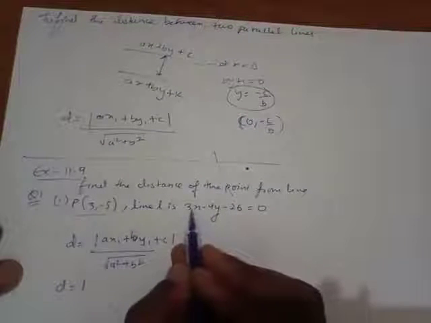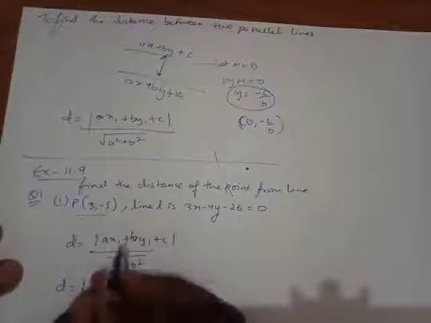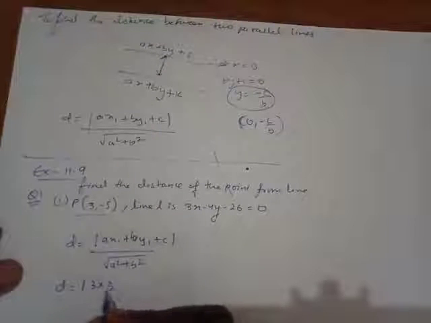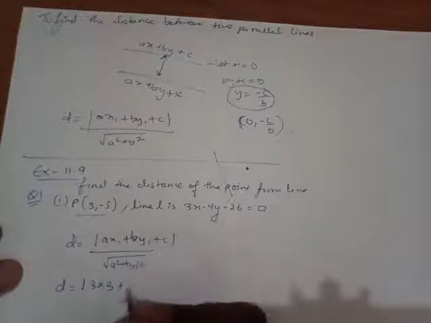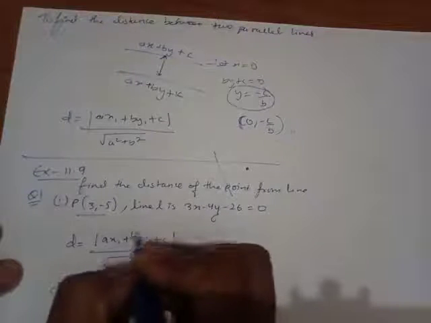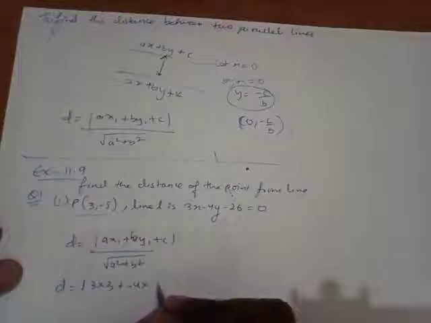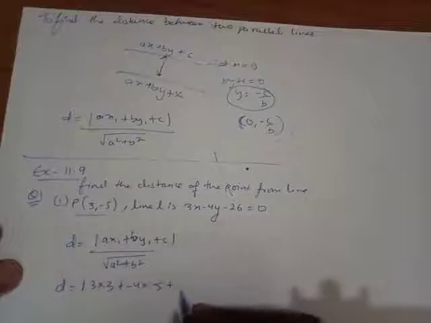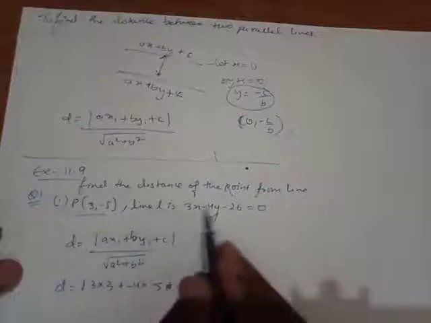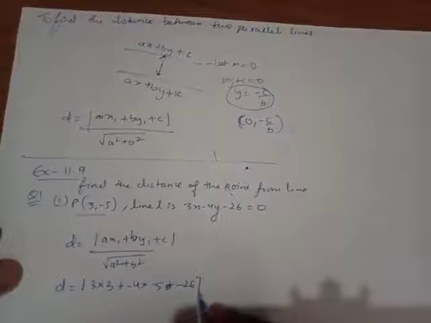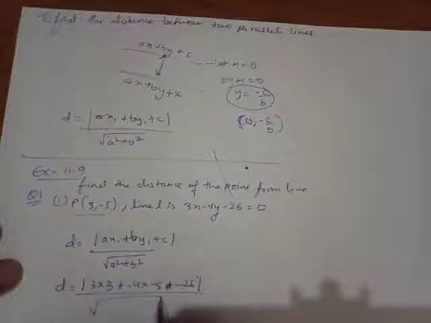A is 3, into what is x1? 3, then plus b is minus 4 into y1 is minus 5 plus c is 26. You need to be very careful when you're taking a and b, sometimes we get confused, upon the square root of a square plus b square.